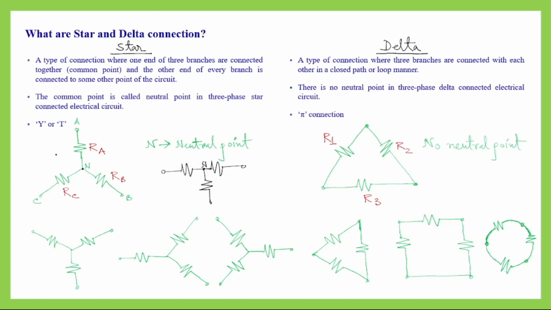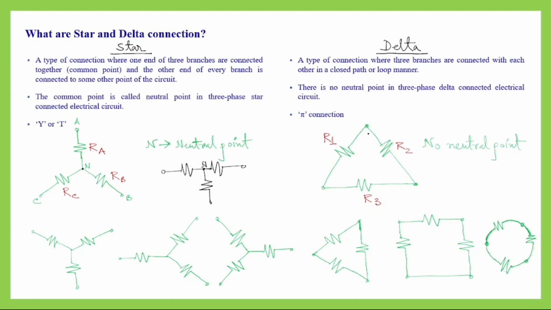Now if we come to the delta connection, delta is a type of connection between three phases or three resistors, where these three branches or three resistors or three phases form a closed loop or mesh type of connection.